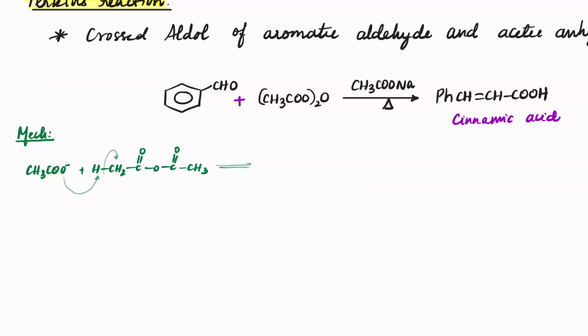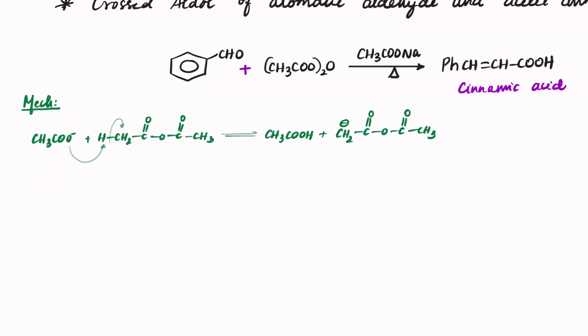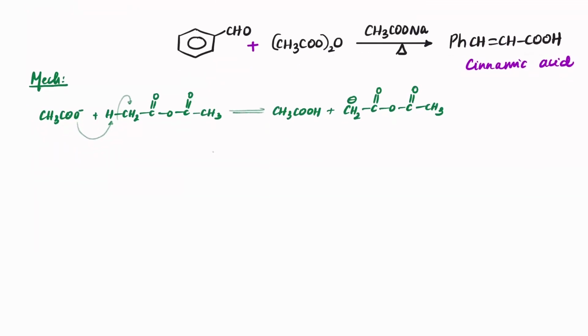This will maintain an equilibrium to get CH3COOH plus CH2 minus, C double bond O, O-C double bond O-CH3. This is an anion coming from an anhydride. Now I have a benzaldehyde, Ph-C double bond O-H, which will react with this CH2 minus, C double bond O, O-C double bond O-CH3.